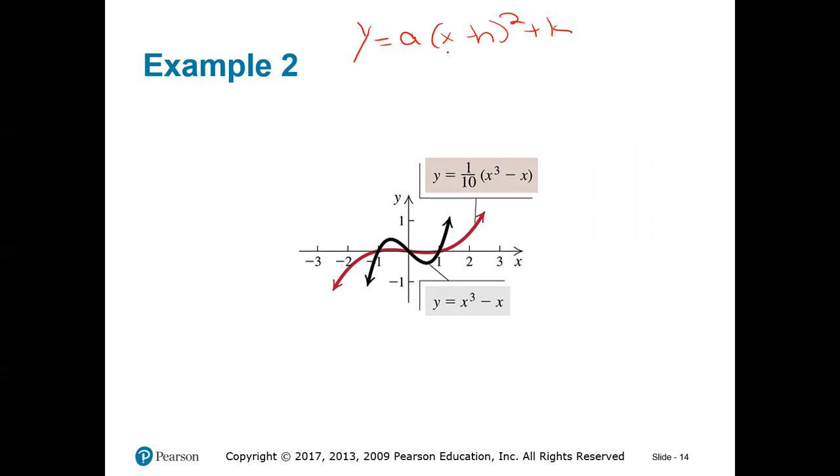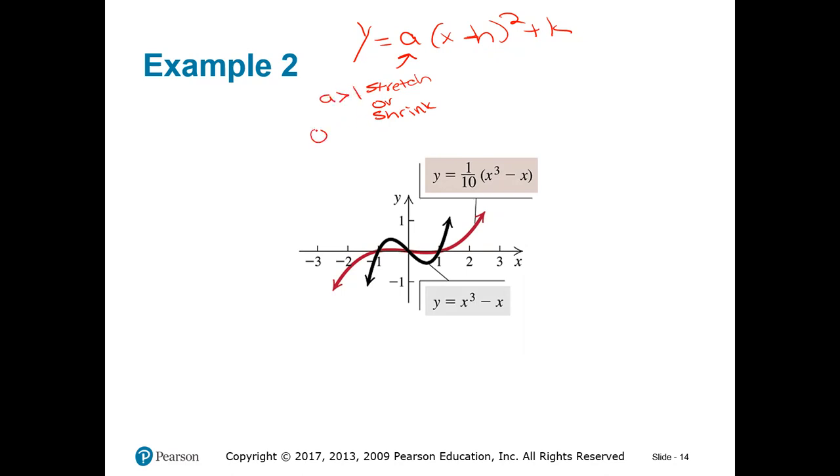So let's recognize that our original says x minus h. So h is positive here. In order to make x plus h, it means h would have become negative. A here determines if we stretch or shrink. It stretches if A is larger than 1.